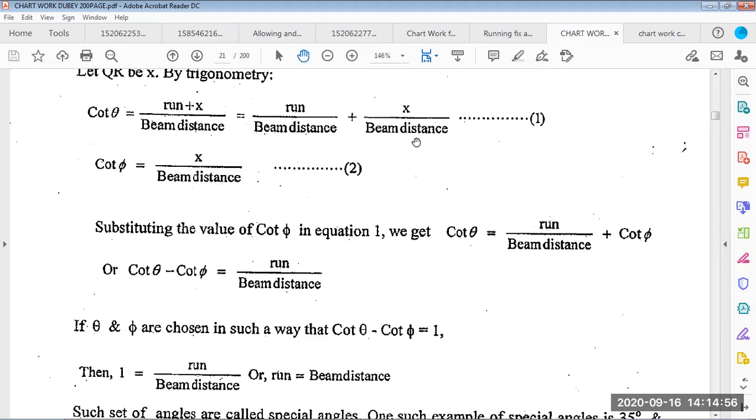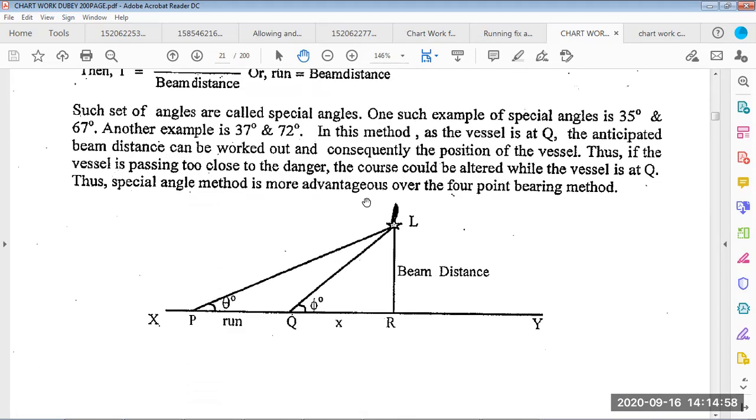What we have in this is a similar diagram. When the vessel is running, it observes a lighthouse which is at theta degrees, and after some time again it observes the lighthouse when it is at phi degrees, and there is a beam distance.